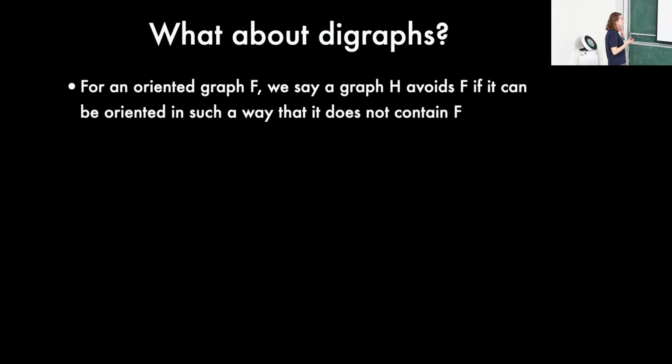So the first notion you could think of is, okay, if we take an oriented graph F, we'll say a graph doesn't contain it if we can direct the edges in such a way that it doesn't contain that as an induced oriented graph. So yeah, I'm not sure that's a super clear notion.